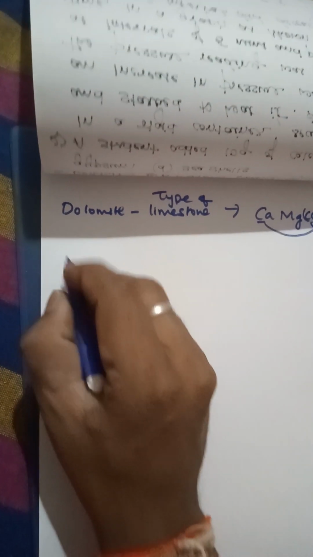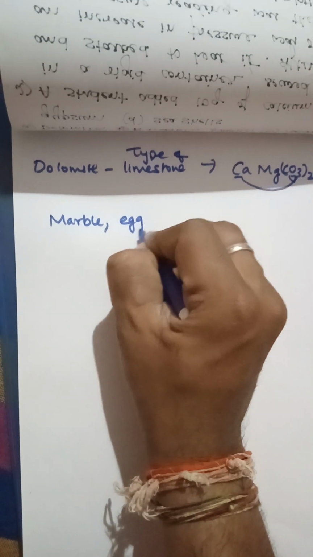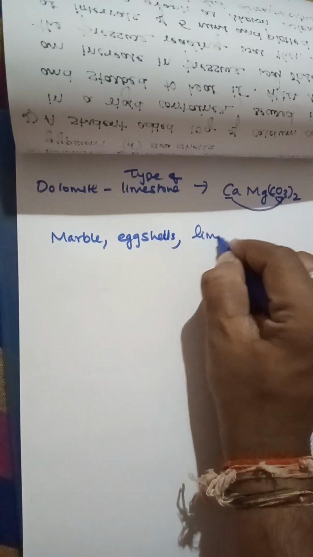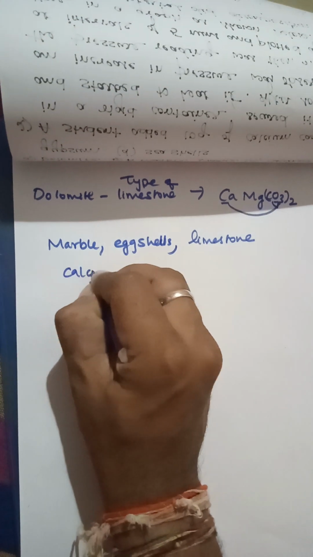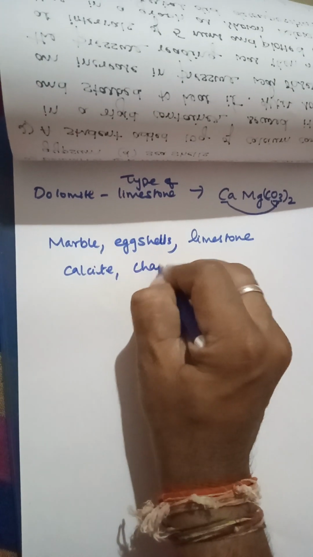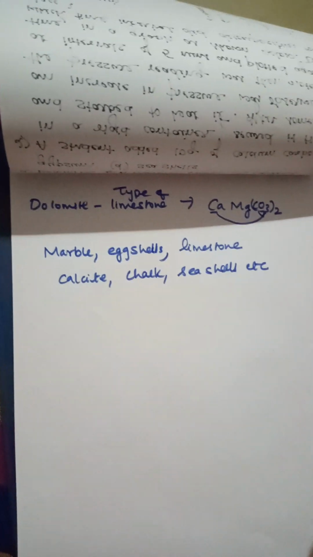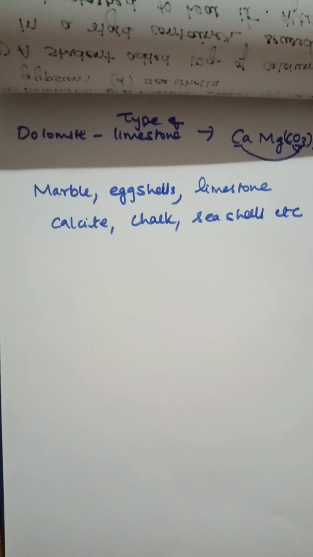Then marble statue, option B. It's better we remember the substances which contain calcium carbonate. One of them is marble. We have eggshells, limestone, and then some minerals like calcite, chalk, seashells, etc. These are some of the common substances that contain calcium carbonate.